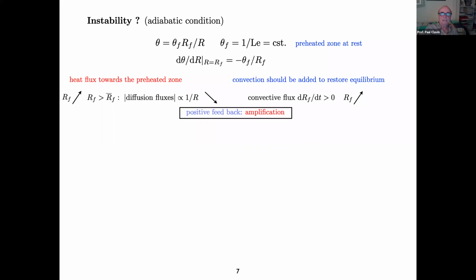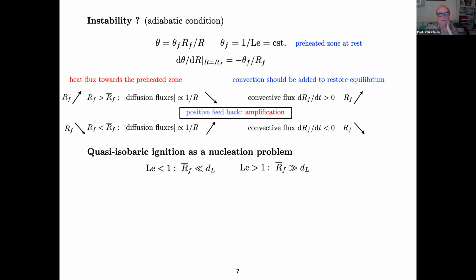This means that you have a positive feedback, which is going to lead to an amplification of the least disturbance of the radius. Very nice mathematical solution, unfortunately, it should be unstable.